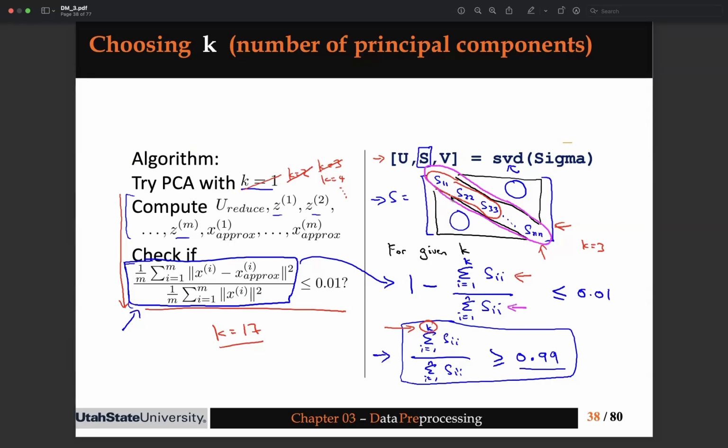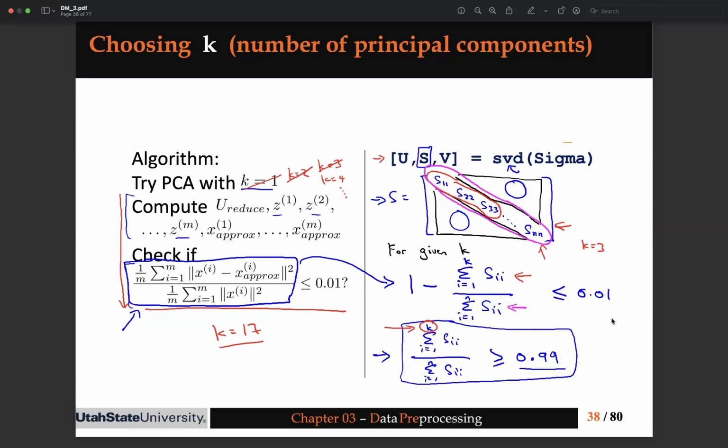If I take the first S's over the sum of all the S's, the eigenvalues along the diagonal of my eigenvalue matrix, it's an approximation of this particular error ratio, in order to quantify how much variance is kept in my data set. Now, with S, I can take a subset. I start with K equal to 1.